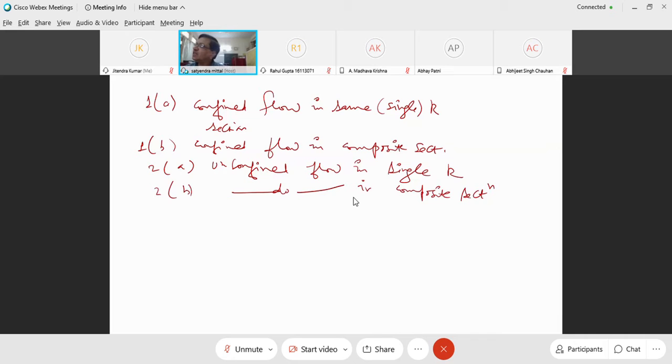So these are the four possible conditions in the field.